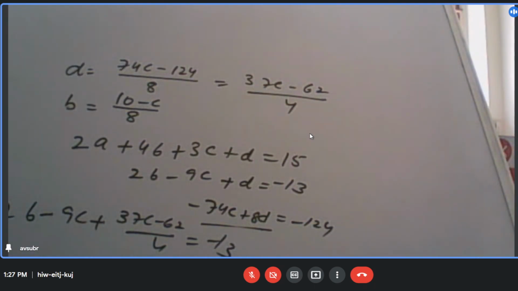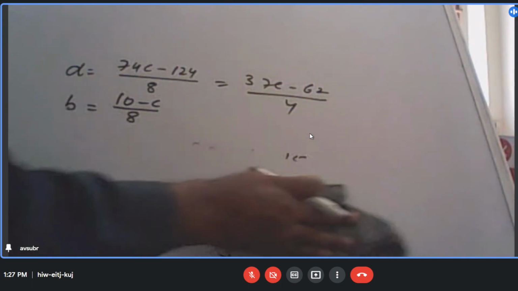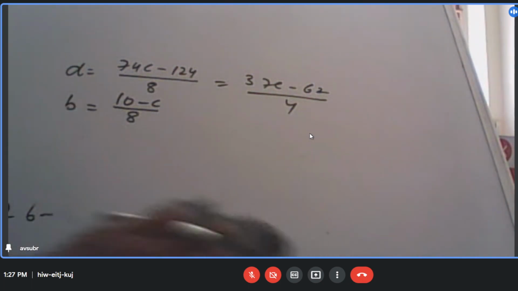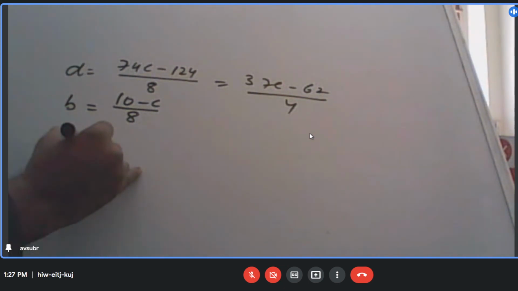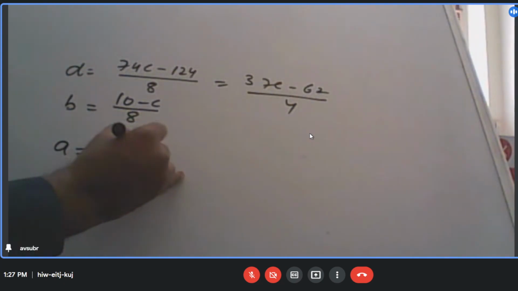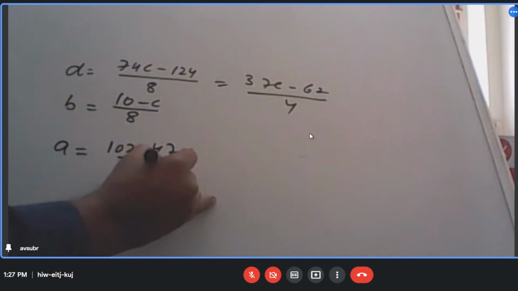I hope it is clear. So once we have got this, finally we have to put it back into equation number 1. From that we will get A is equal to 102 minus 47C by 8.